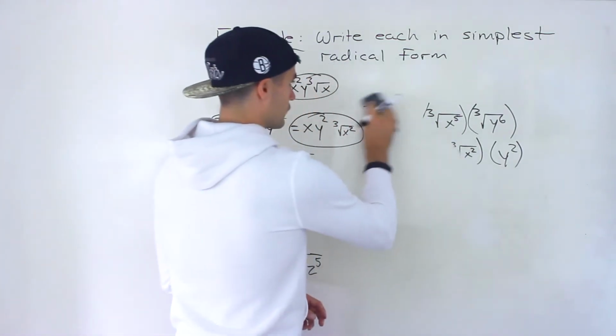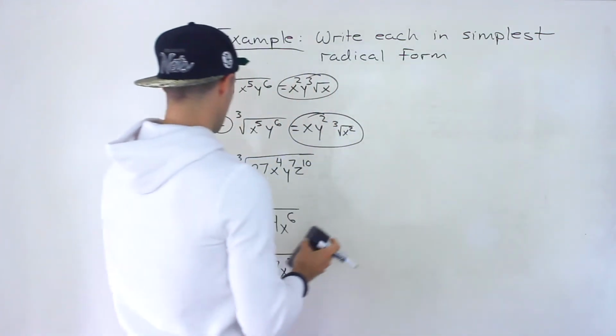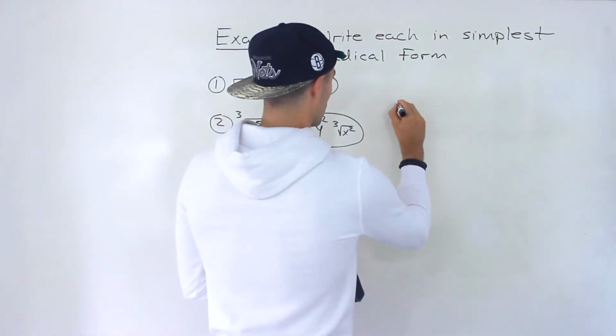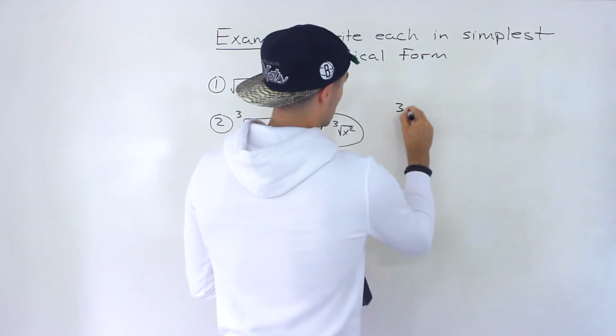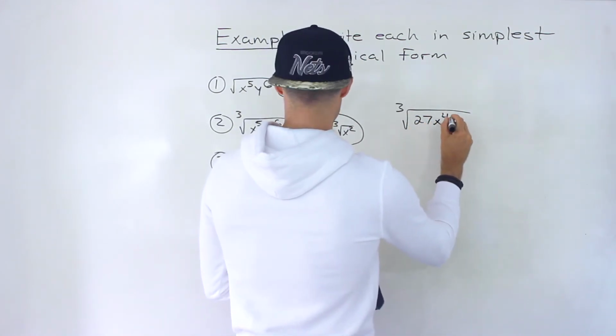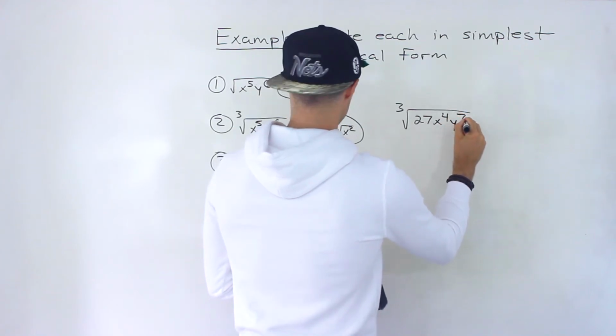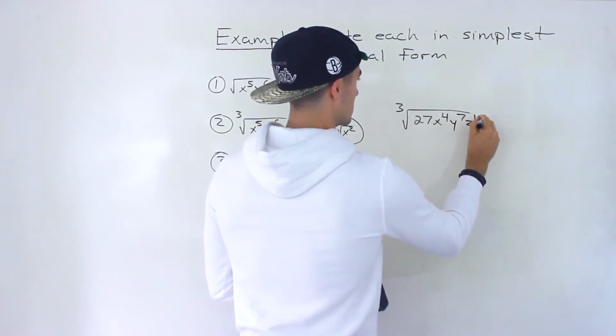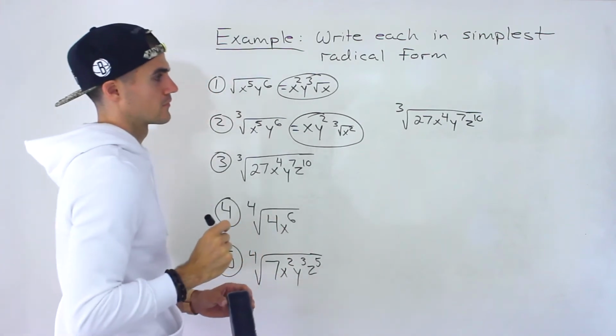All right, so moving further along to number 3, we have the third root of 27 x to the 4, y to the 7, and then z to the 10.